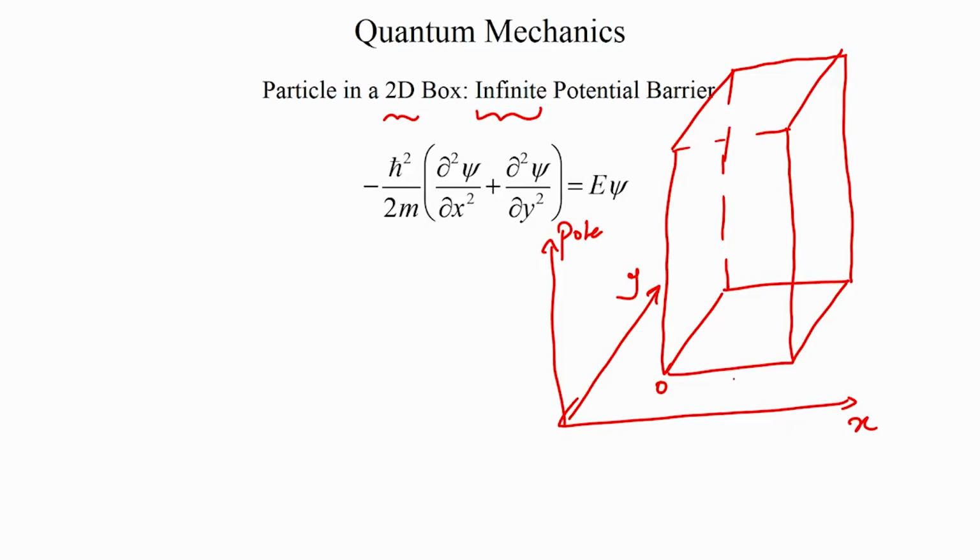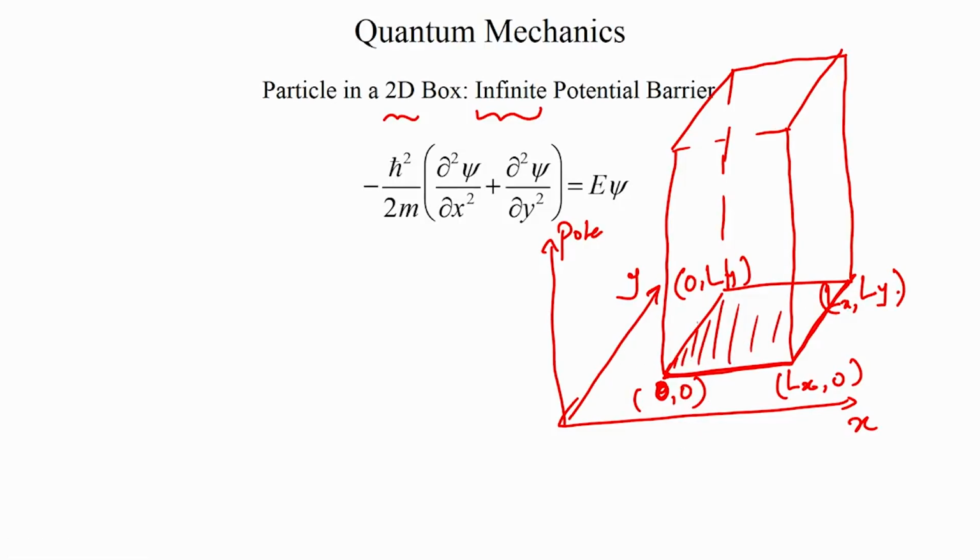Let's call the width of the box in the x direction Lx and the width in the y direction Ly. So that's Lx comma 0, that is 0 comma Ly, and this is 0 comma 0. Let this be my coordinate system. I'm only looking at the floor now.